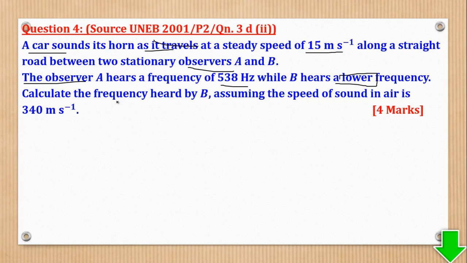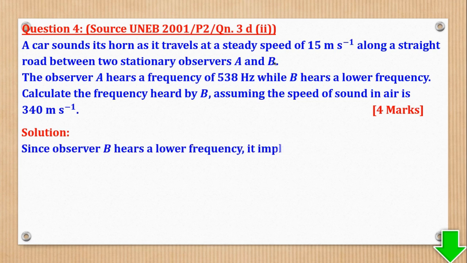Calculate the frequency heard by B, assuming the speed of sound in air is this. So B hears a lower frequency, meaning the source is moving away from B and towards A.